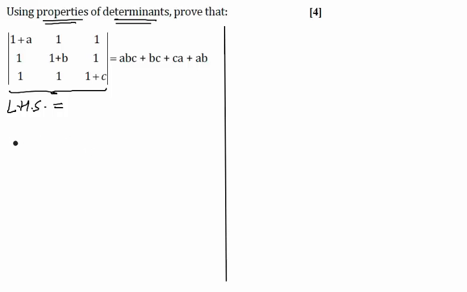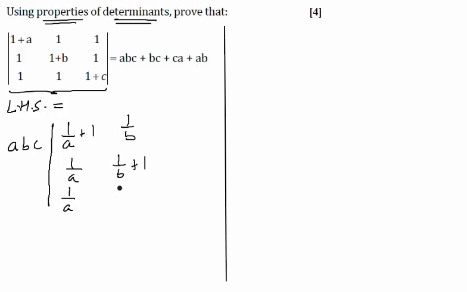So overall, I am taking A, B, C common from the determinant, and my individual columns will convert to 1 upon A plus 1, 1 upon A, 1 upon A. Second column will become 1 upon B, 1 upon B plus 1, 1 upon B, and third column similarly will become 1 upon C, 1 upon C, and 1 upon C plus 1, right? This is my new determinant.